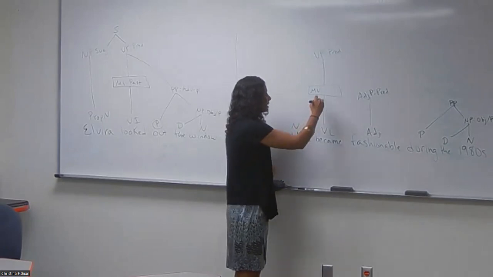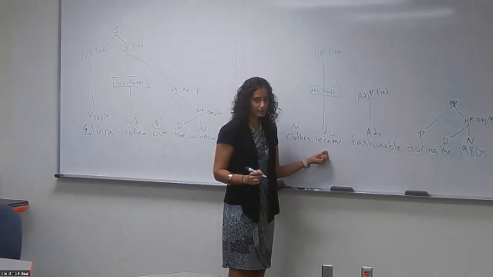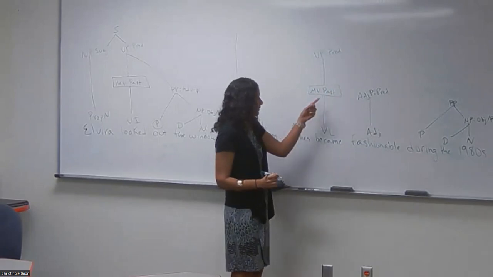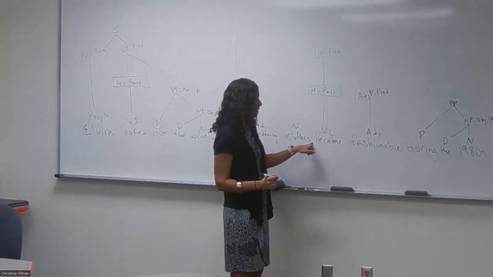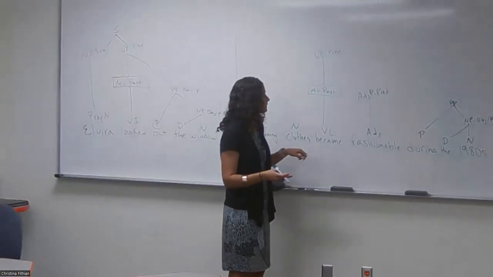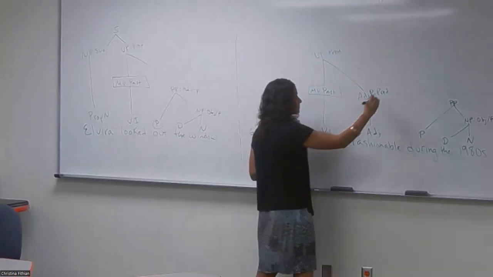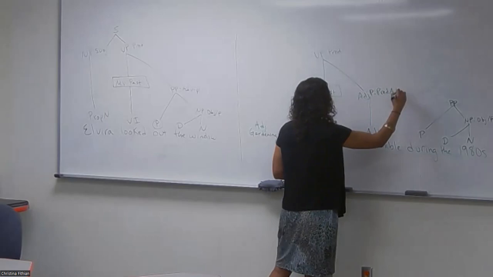So here it is, main verb, past. Once again, past. So far we've seen two past tense verbs, and all we have is past because there is no auxiliary to give us any more information about the verb status. Not yet. Okay, so we're going to connect our adjective phrase, predicate adjective. I forgot to finish writing that.